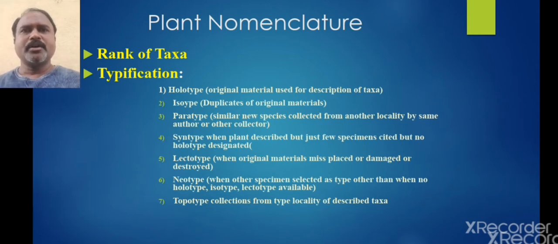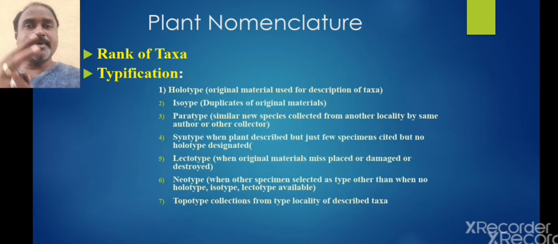I said when plants are collected as 4 individuals, 4 plantlets should be collected every time. When described by that author, that first specimen which is used for the new description is the holotype, and the remaining 3, which are duplicates of the holotype, are commonly called the isotypes.